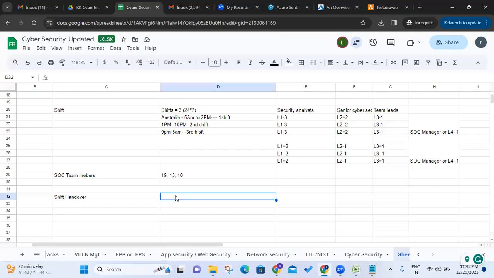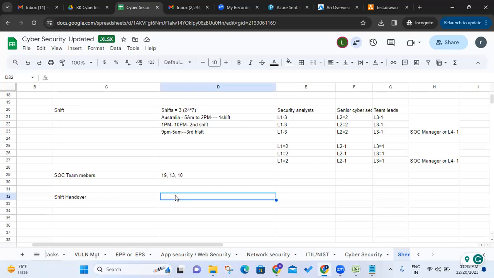Nowadays, shift handover is completely different. One person collates all the other people's shift information: how many incidents are new, work in progress, on hold, closed, resolved, or cancelled as duplicates.